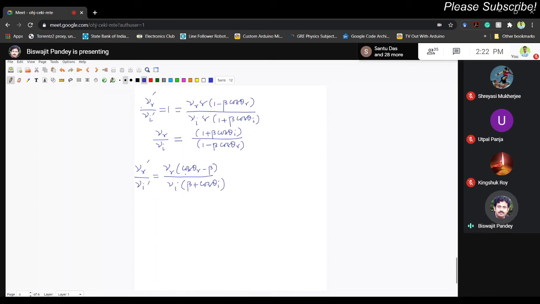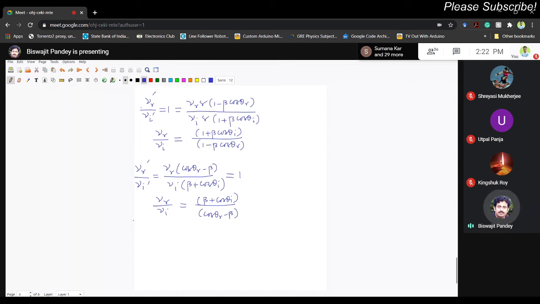Again, this has to be equal to 1 because the frequencies are the same in the mirror frame. So that tells you that nu r by nu I is equal to (beta plus cos theta I) divided by (cos theta r minus beta).